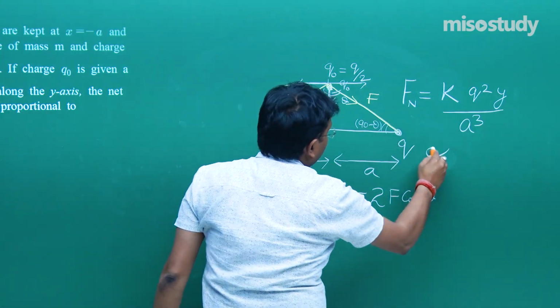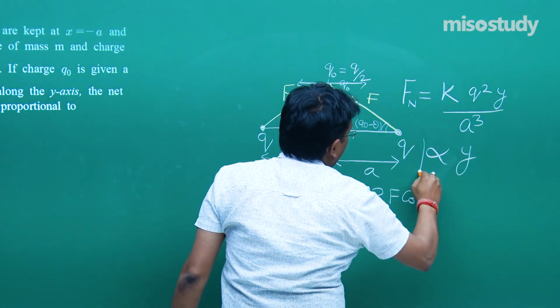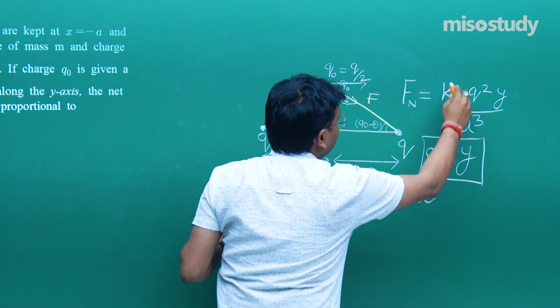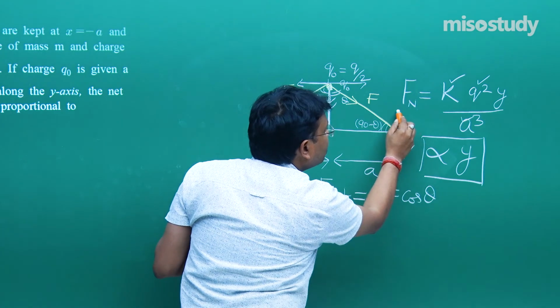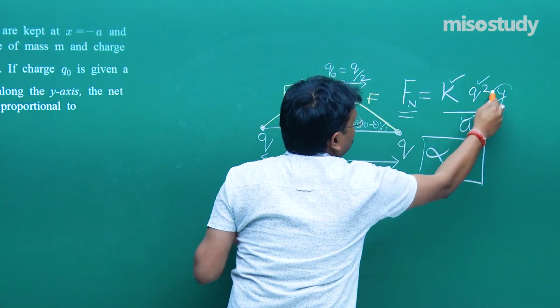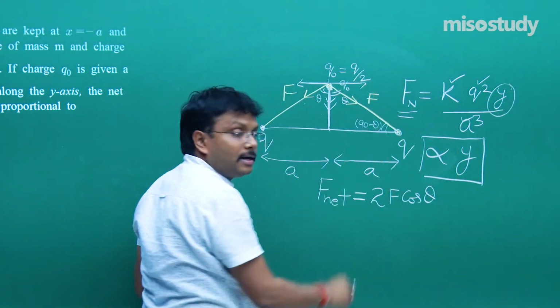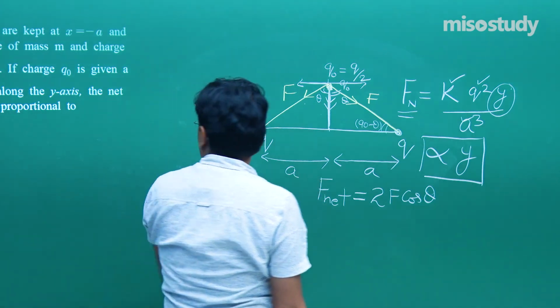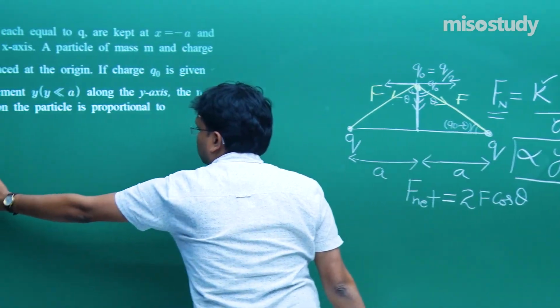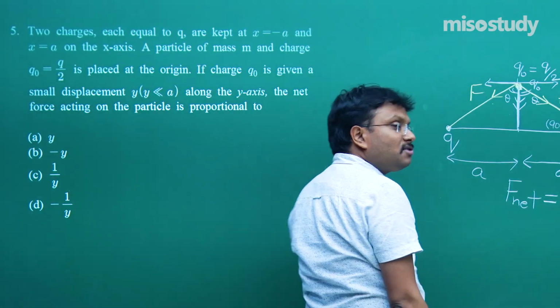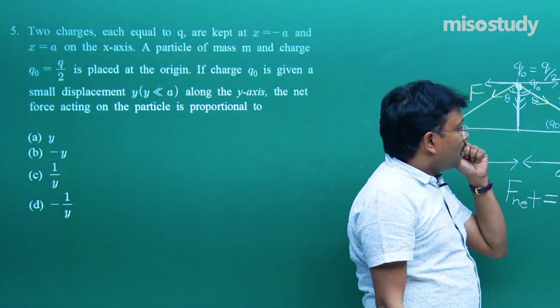So directly it is proportional to y. See the beauty? Constant, given constant, given constant. So ultimately F net is directly proportional to which quantity? Y. Fine. So now try to find out the solution of this problem. A is your answer.